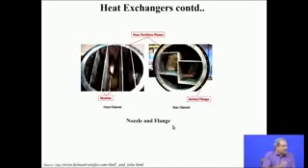So a very large number of configurations for these types of flows are possible in heat exchanger design, and what you see here are the nozzles and flange which are used to attach the tube and the head to the actual shell and create a heat exchange equipment.